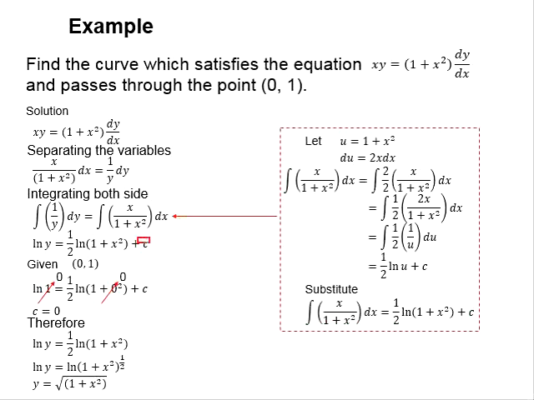Now you have an unknown c here. It is given the coordinate of (0, 1). You may substitute the 1 and 0 into the function here. Ln 1 will be equal to 0. And when you substitute 0 here, it becomes ln 1, and it will eventually become 0 as well. With that, if you solve the function here, you know the c is actually equal to 0.